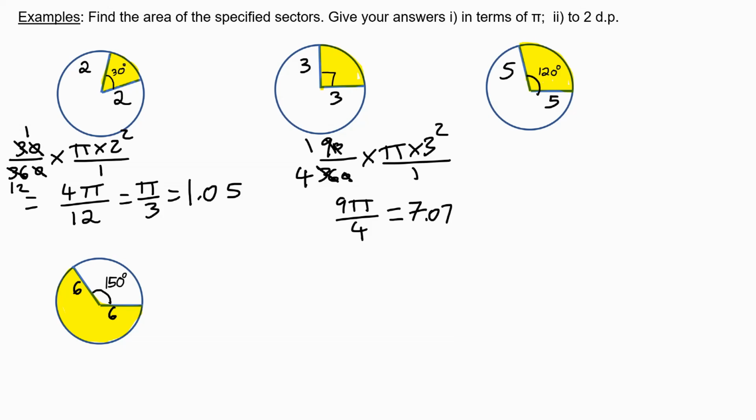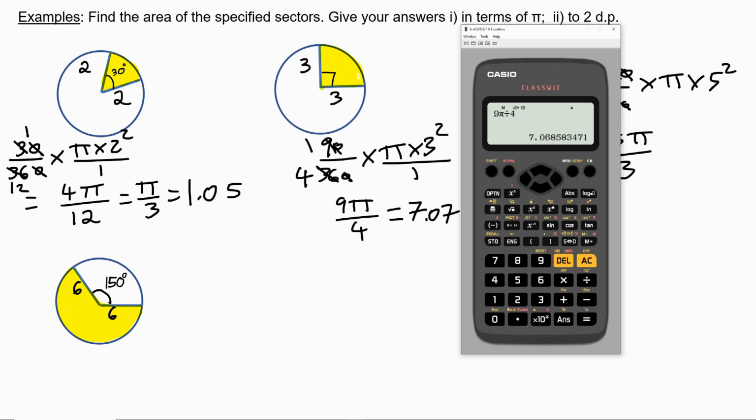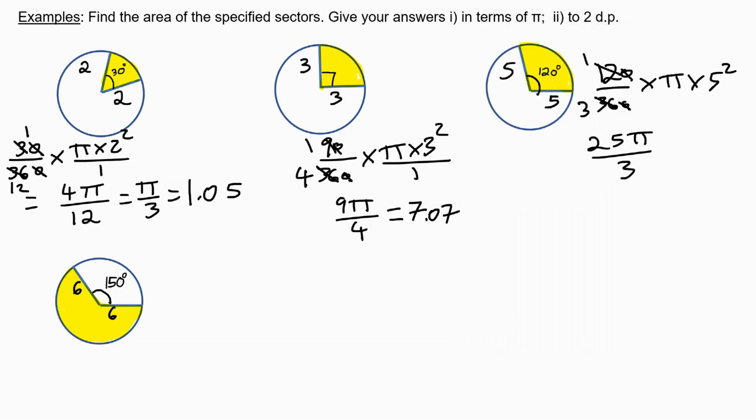And lastly, we need to do 120 over 360 times pi times 5 squared, which is, let's simplify those, 1 and 3. We end up with 25 pi over 3. So 25 times pi over 3 to 2 decimal places is going to be 26.18. And obviously these are square units.